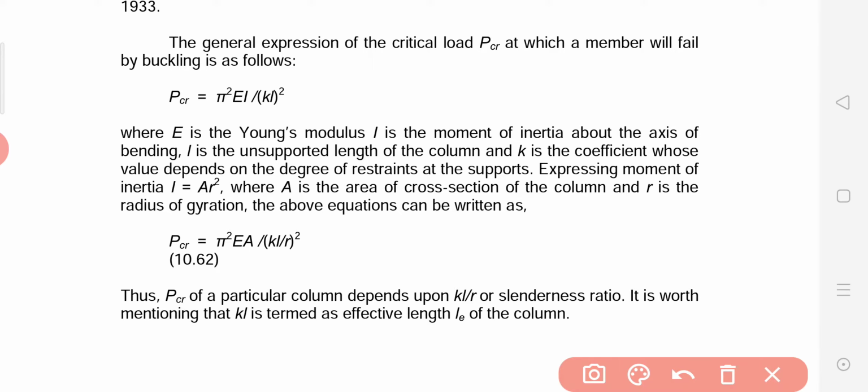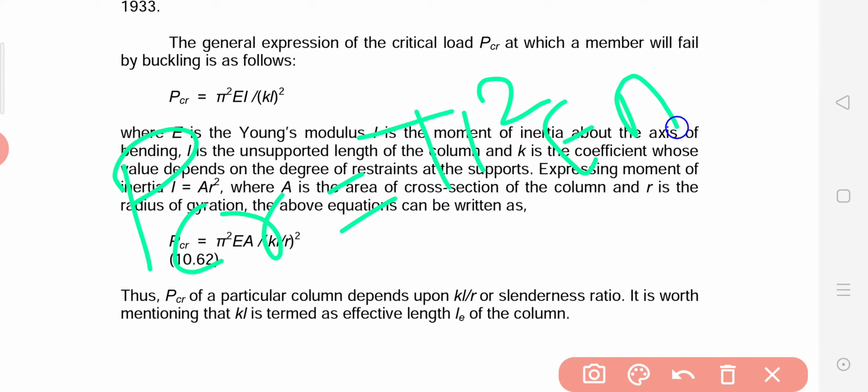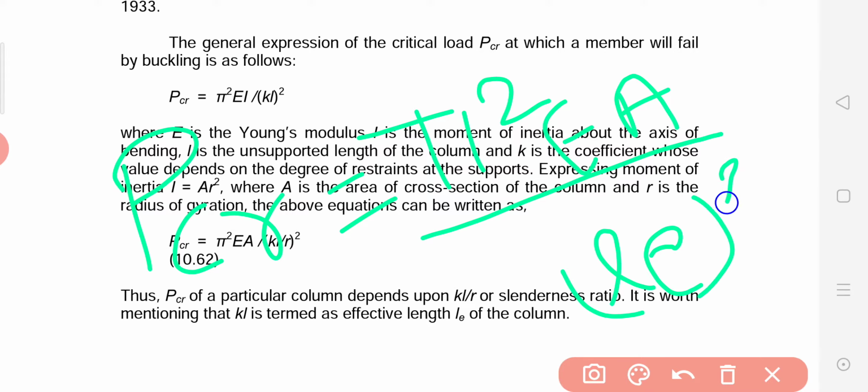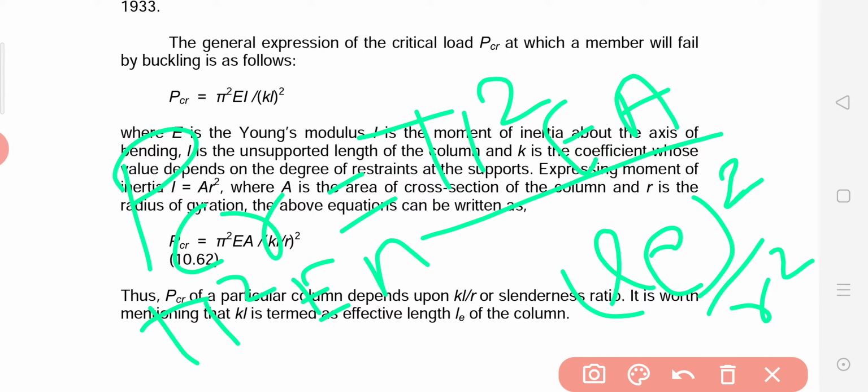So in many books this formula is PCR equal to pi square EA upon L effective upon R, whole square. We can also write it as pi square EI upon L effective square.